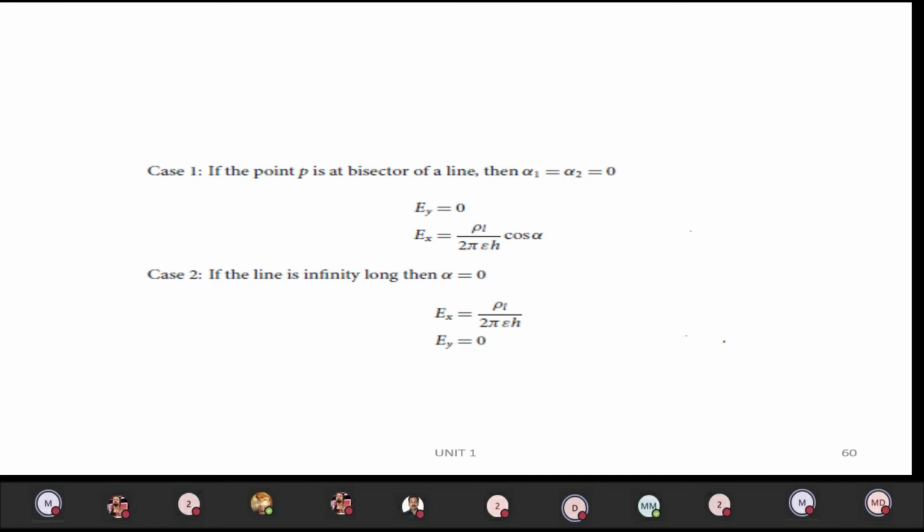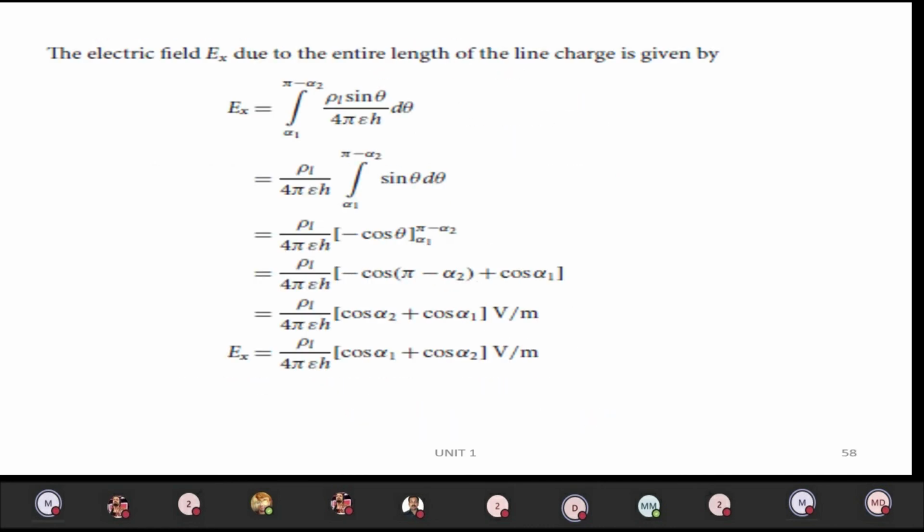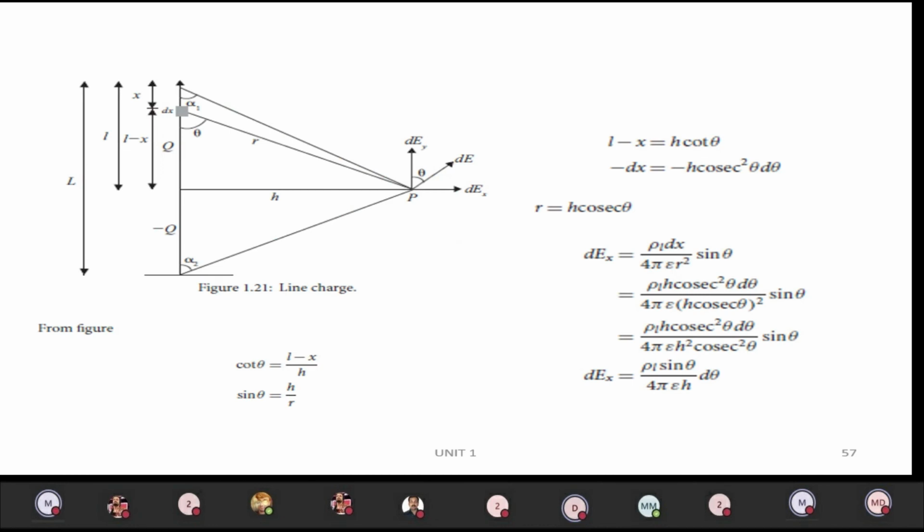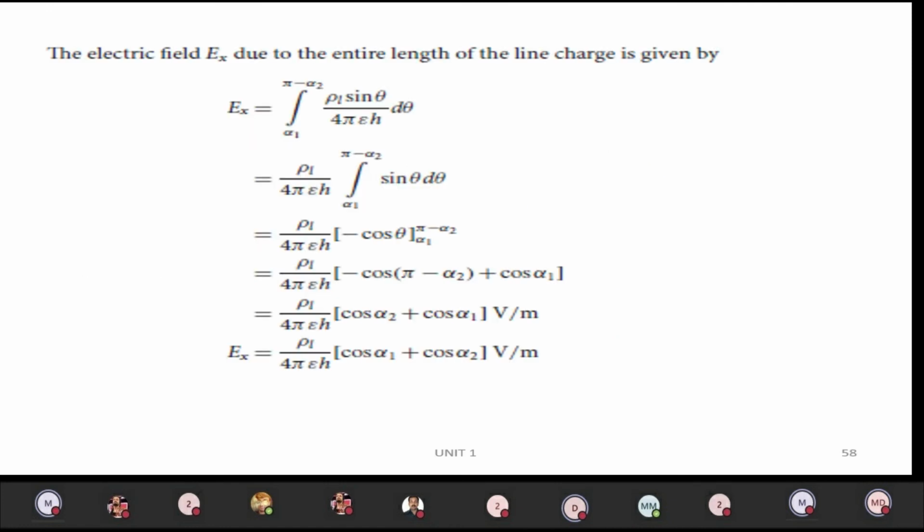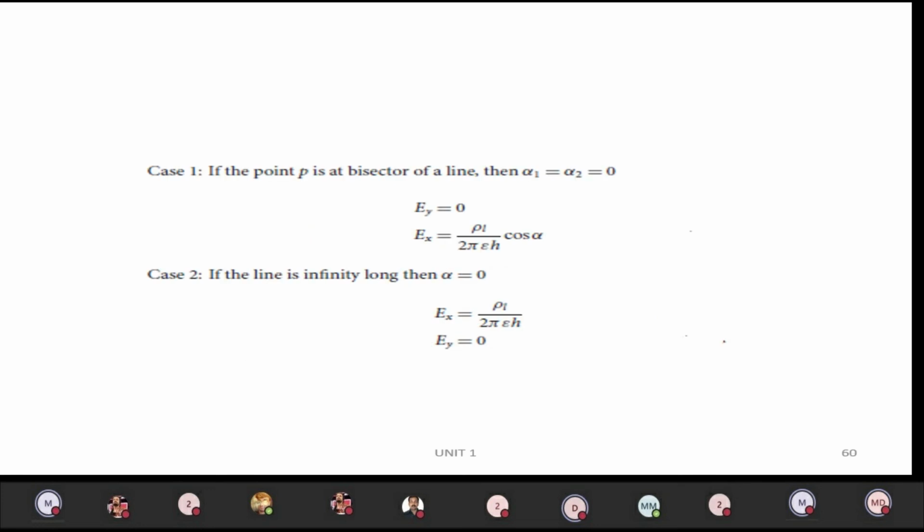Now they go for the special case. The point is on the perpendicular bisector, that is, at the center point. Then you will get Ey as 0, since alpha 1 and alpha 2 are equal. So the Ey component becomes 0 and the Ex component is rho L divided by 2 pi epsilon h cos alpha.